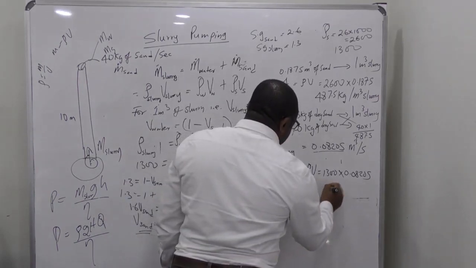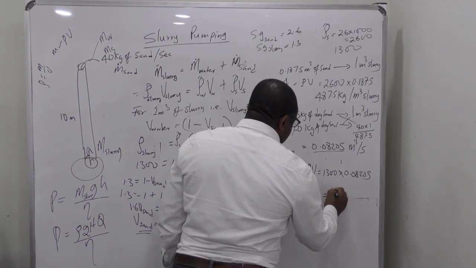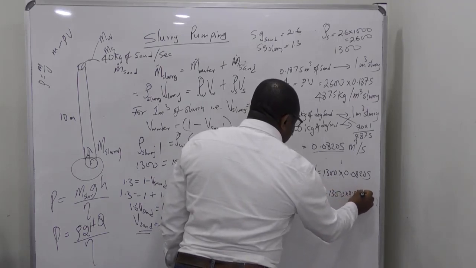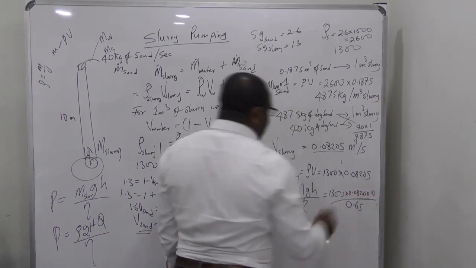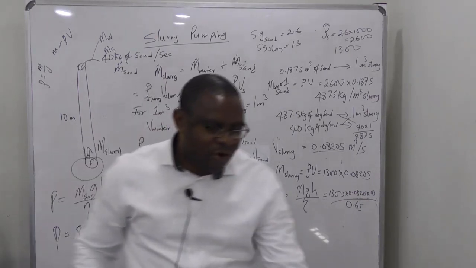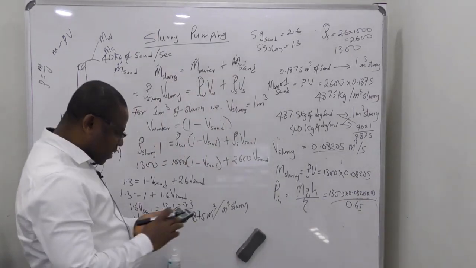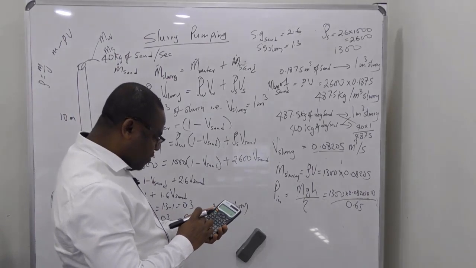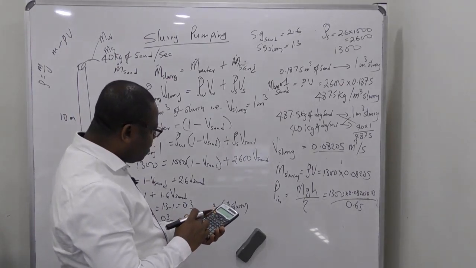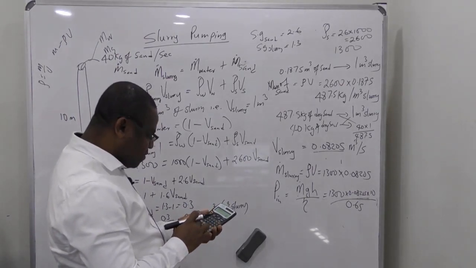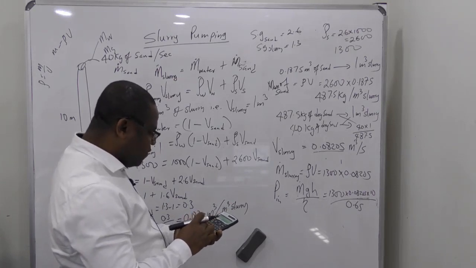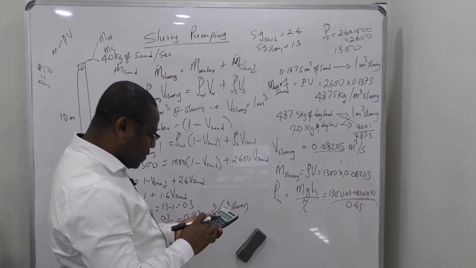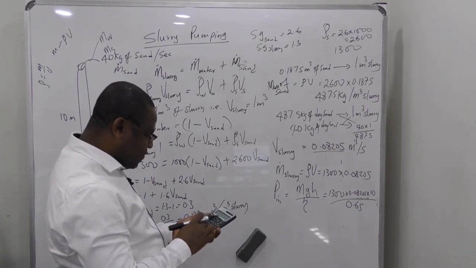So this is 1300 times 0.08205 times 10 divided by 0.65. Okay, I think this is what I want.